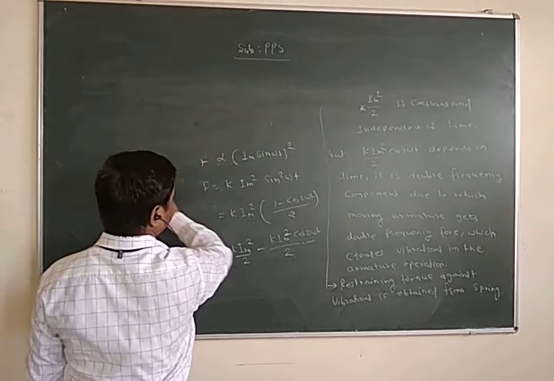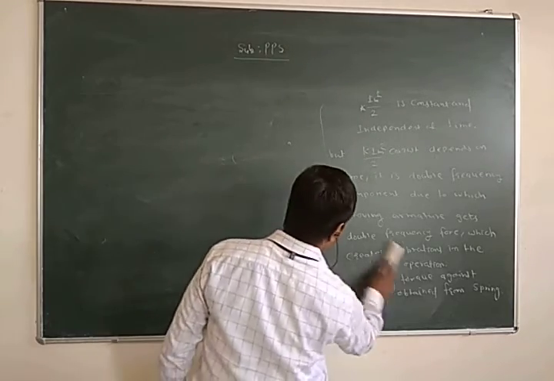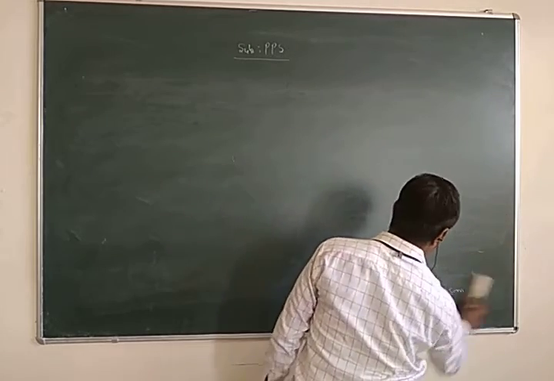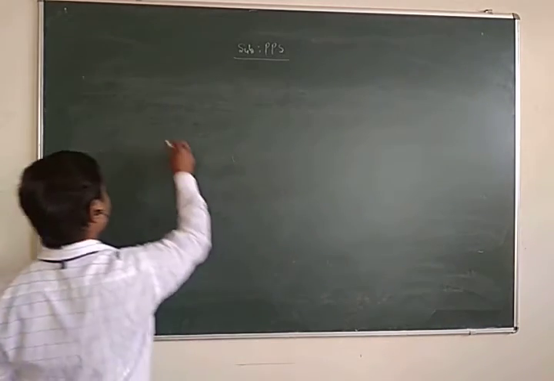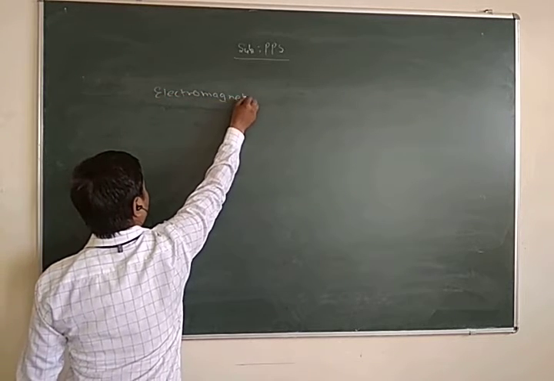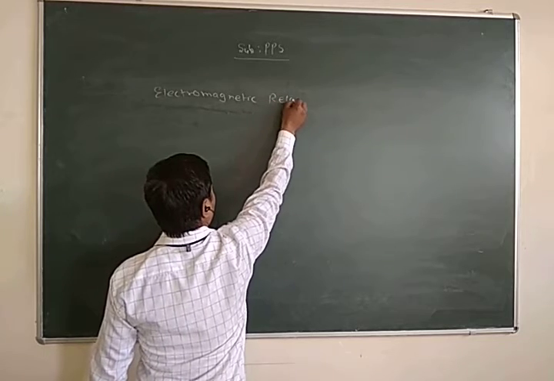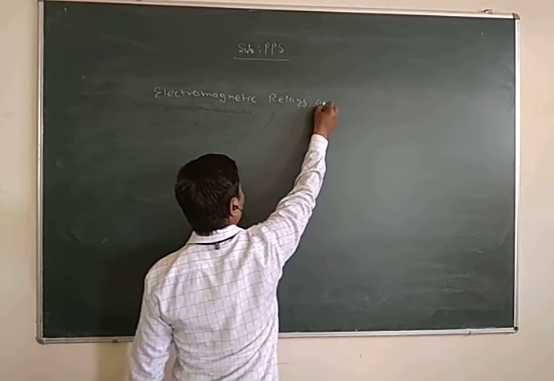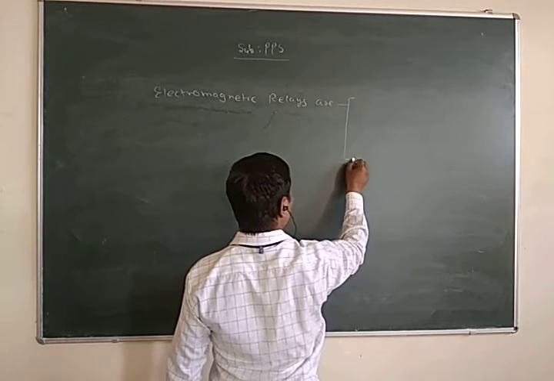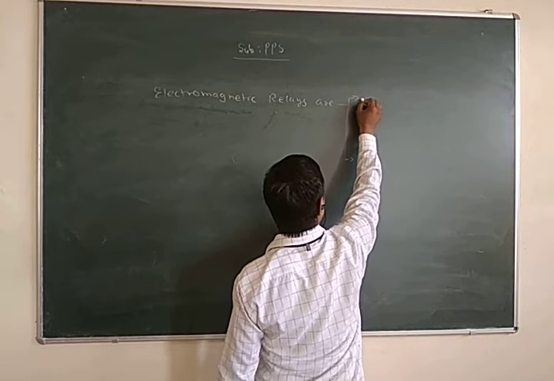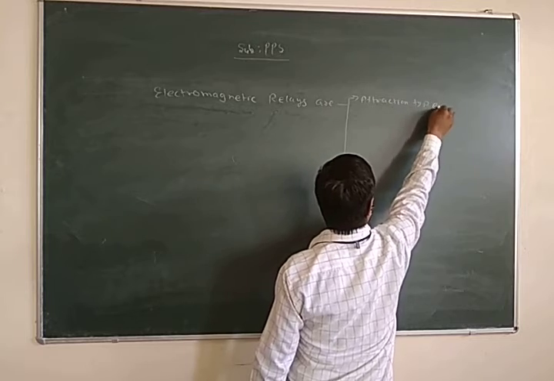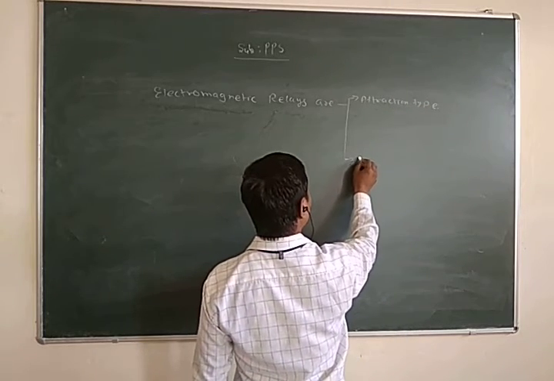In this way, electromagnetic relays are of two types. One is the attraction type, and the second is the induction type.